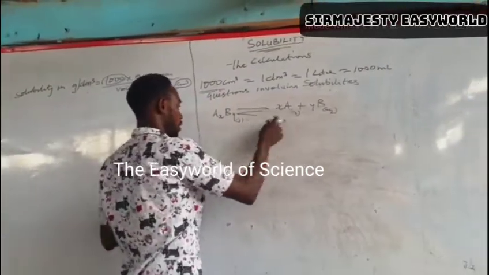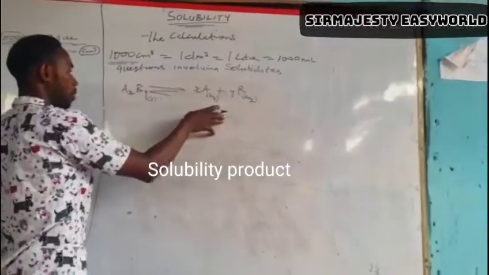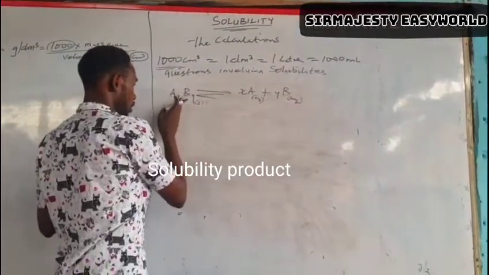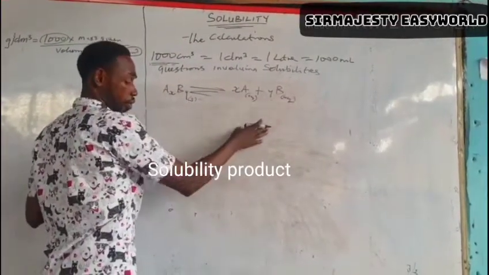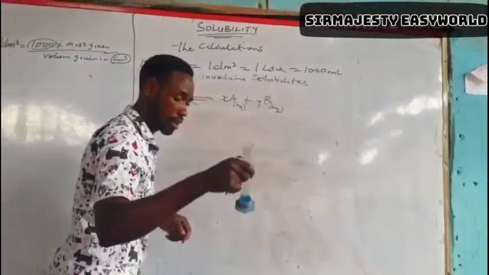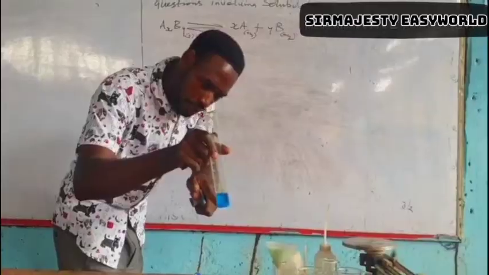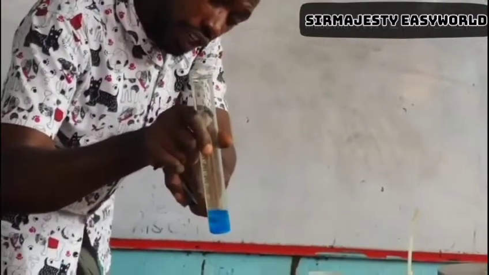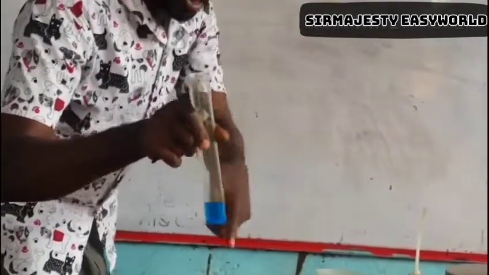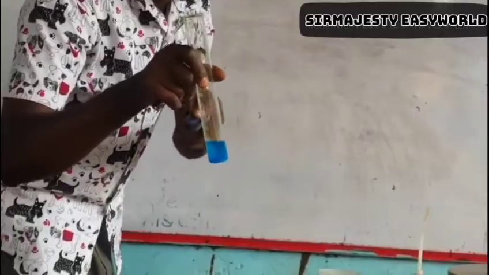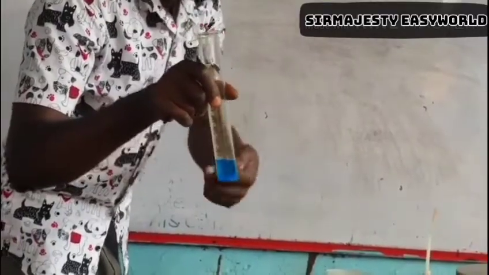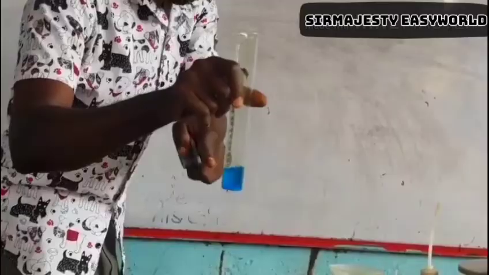The solubility product is just equal to taking it like an equilibrium constant, because the undissolved and dissolved are at equilibrium, like I taught you when I did saturated solution. As you can see here clearly, there is still undissolved. What happens here is that as the undissolved is going in, the one dissolved is being displaced out. So the rate at which the copper 2 oxosulphate goes into the solution is the rate at which it comes out. So this is a saturated solution because of undissolved.